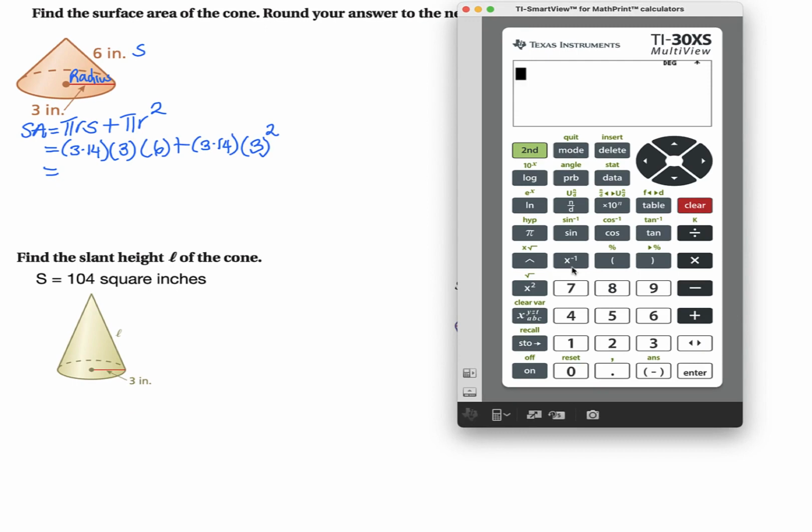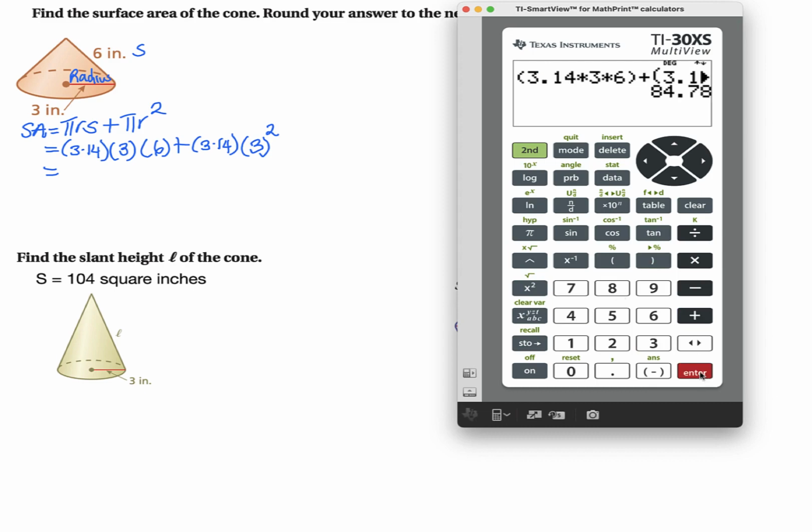I like to be accurate, so I'm going to use parentheses. Open parentheses: 3.14 times 3 times 6, close the parentheses, add, open parentheses again, 3.14 times 3 squared, and close the parentheses. Once I'm finished, I'm going to hit enter.